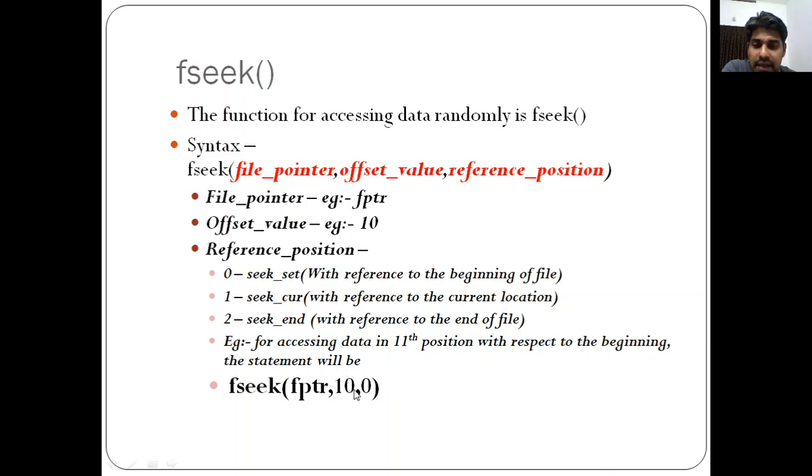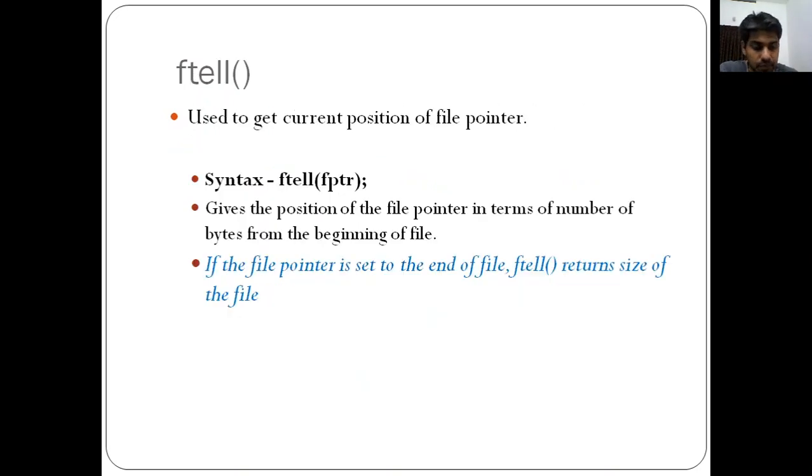So fseek(fptr, 10, 0) will take you to the 11th position of fptr. Now the pointer is at the 11th position, so whatever command you use, for example fscanf or fgetc, is going to fetch the data from the 11th position. That's what this fseek is.